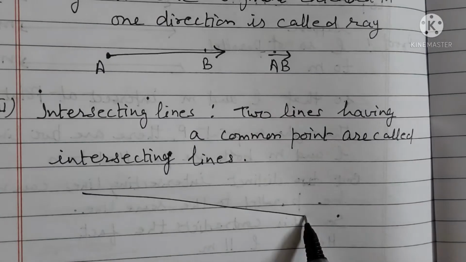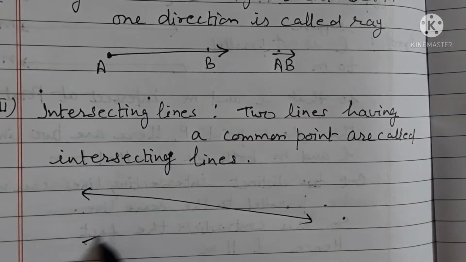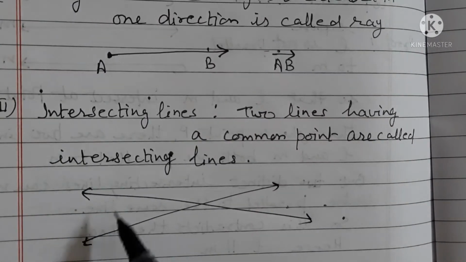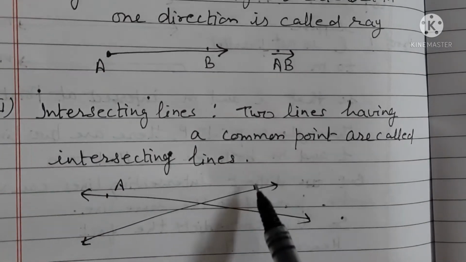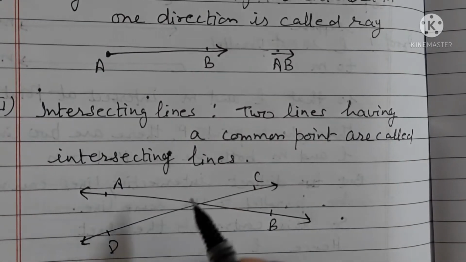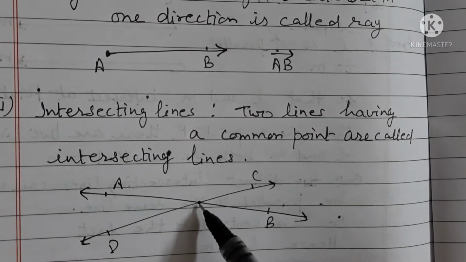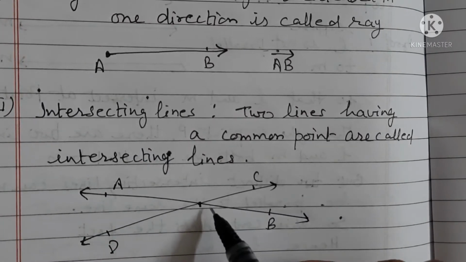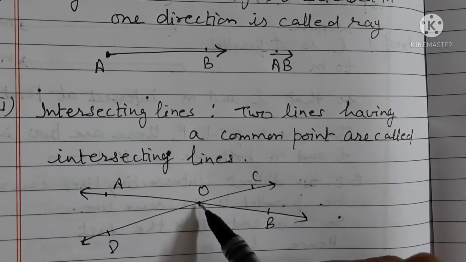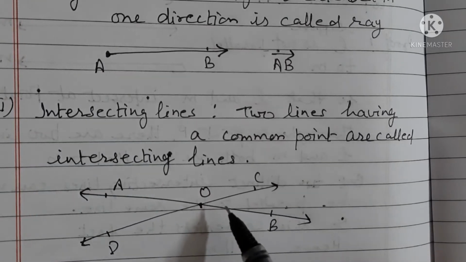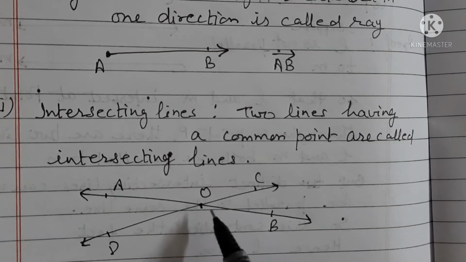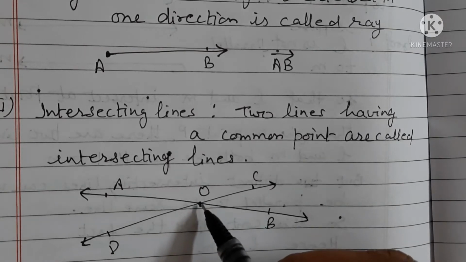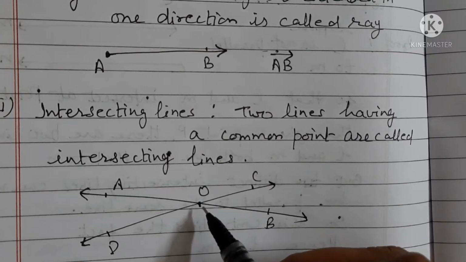This is one line and this is another line. Suppose this is AB and CD, and this point where these two lines intersect, suppose O, is called intersecting point.